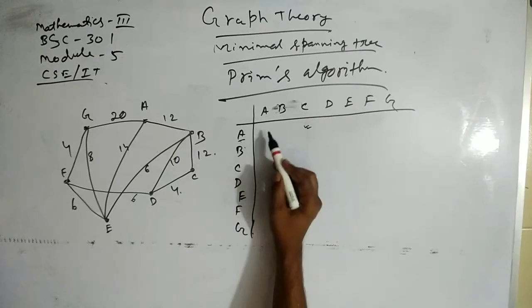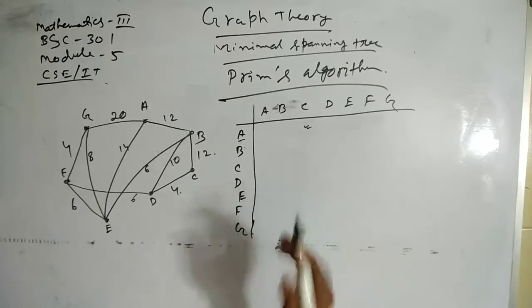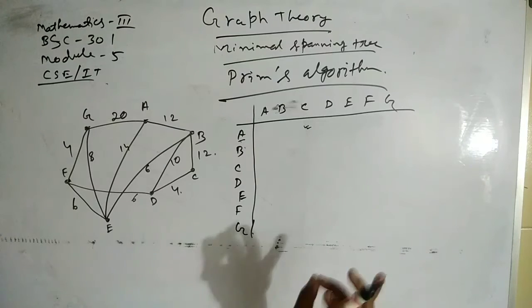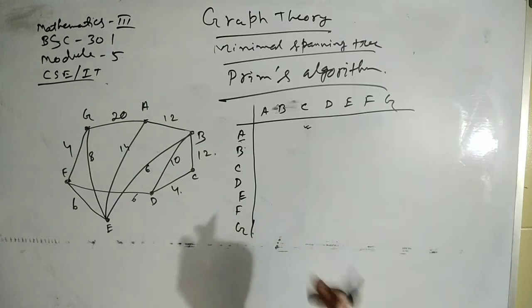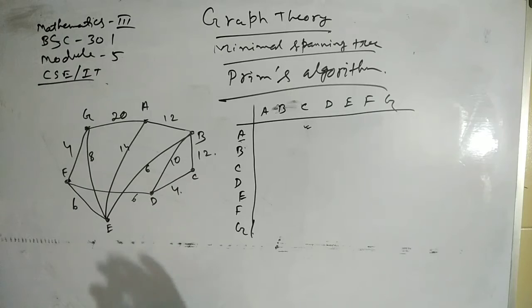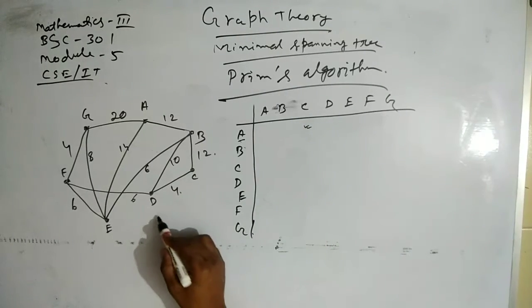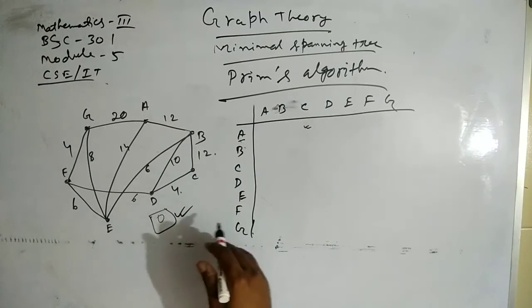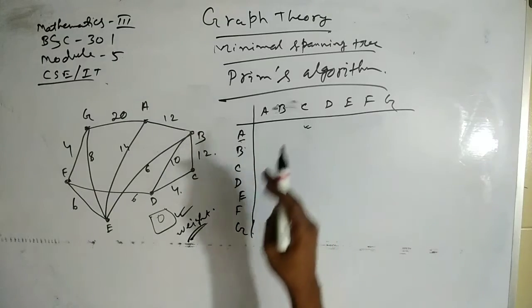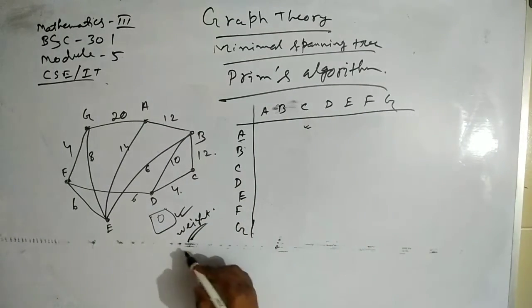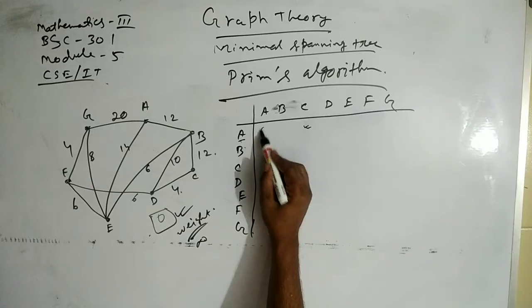In case of the diagonal element, an edge from a vertex to itself, you put 0. So there are 3 cases: 0 for a diagonal element, the weight of the edge if there is an edge from that vertex to the column vertex, and if there is no edge between the 2 vertices, put infinity. Now since A to A, there will be 0.